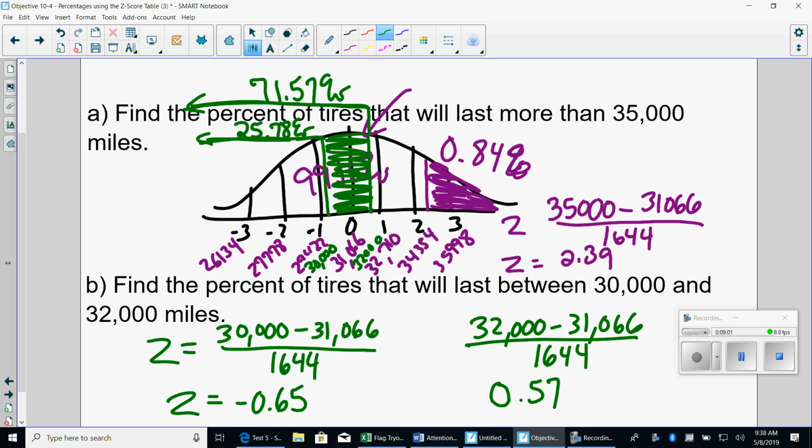Wait, someone check that. So this would come out to be 45.79%. Okay? Any questions? You're just going to find both and subtract the two to find what's between.